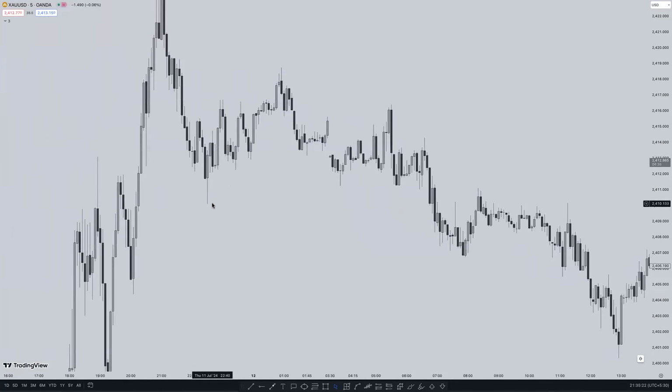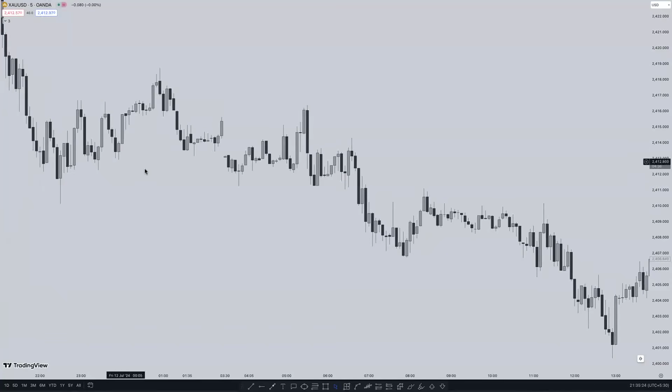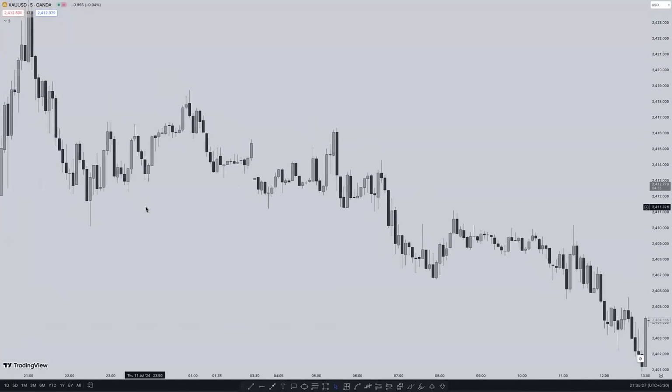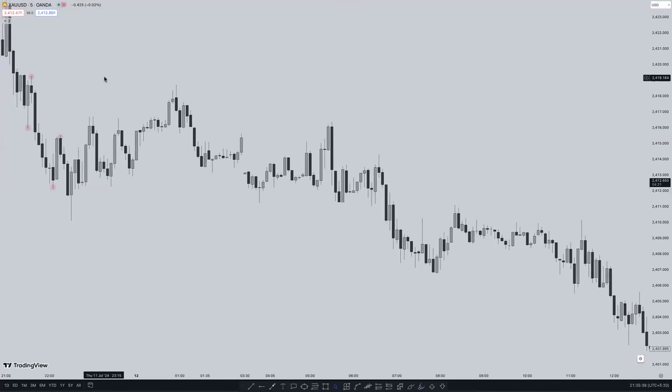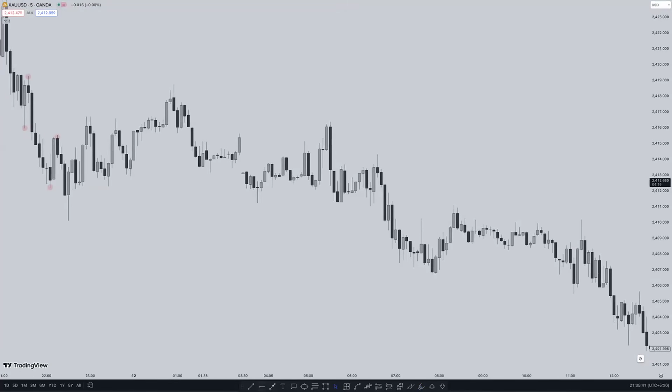Okay, so this is our structure here. We can see very clearly everything is a variance here, and every pullback counts as a structure here. So these are our previous lower lows and lower highs. And what happened here? The first high is broken at this point.